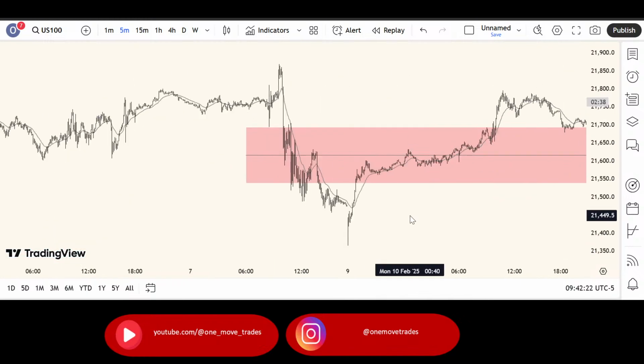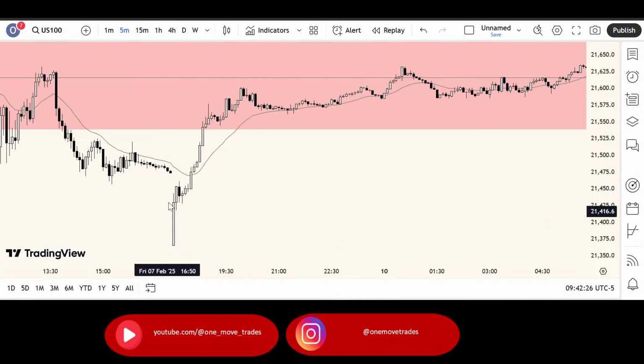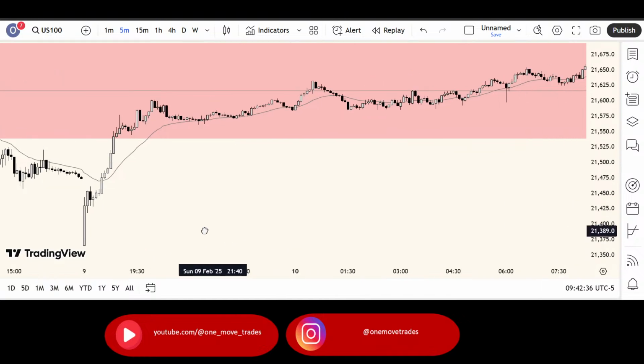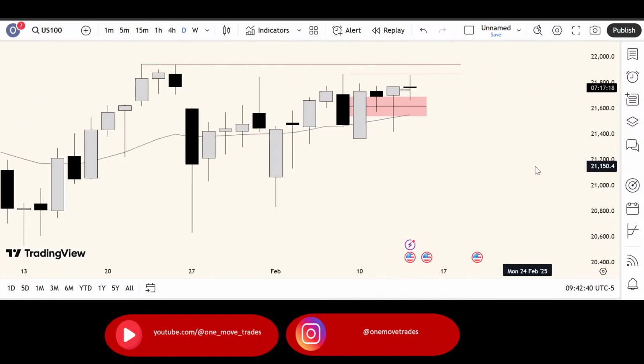This one. As we can see, we don't have any wicks and we have this huge gap. So I was very bearish on Monday, and like I said, we did reject from this moving average.